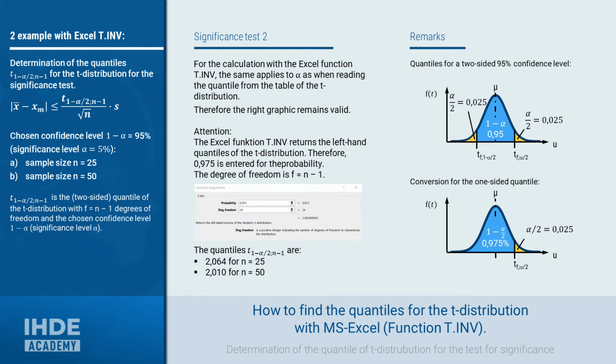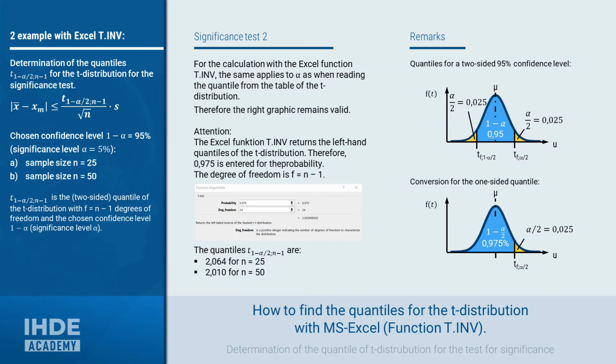But be careful. The Excel function t.inv returns the left-hand quantile of the t-distribution. Therefore, 0.975 and not 0.025 is entered for the probability in the probability input field.